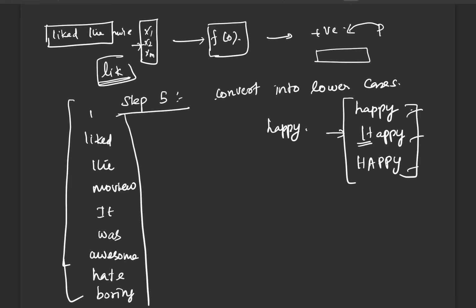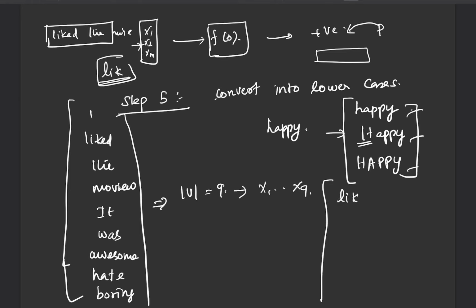How many words does it have? 9 words. So input vector size is 9. So the number of features means variables. The number of features in this is x1 to x9. So after applying all these pre-processing steps, 5 steps, we end up with a smaller vocabulary size.